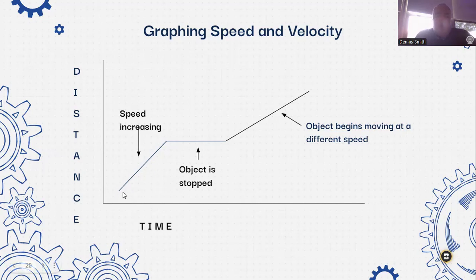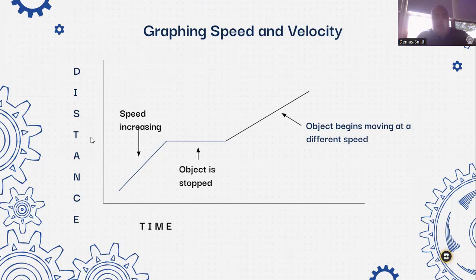But when you have a straight line like this, your speed is going to be increasing here, but it's going to be at a constant rate. So it doesn't necessarily mean that there's acceleration taking place here. I mean, obviously there's got to be some acceleration if this is starting from a starting point, but this is a constant speed that's taking place here.